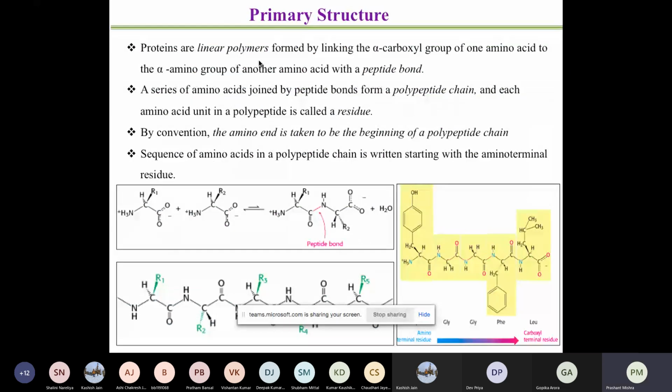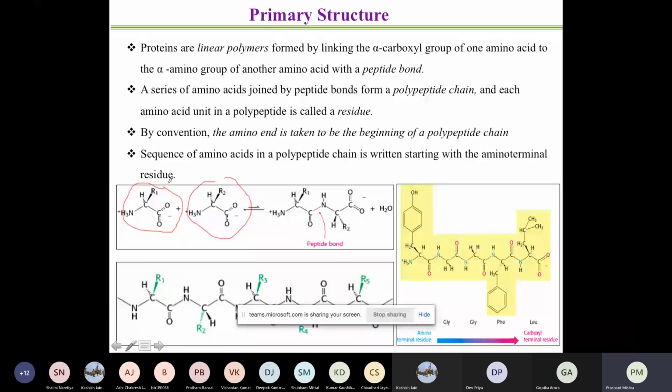So let us see how this happens. Proteins are linear polymers which are formed by linking of the alpha carboxylic group of one amino acid to the alpha amino group of another amino acid with a peptide bond. So suppose we have one of the amino acids, this is amino acid number 1, this is amino acid number 2.